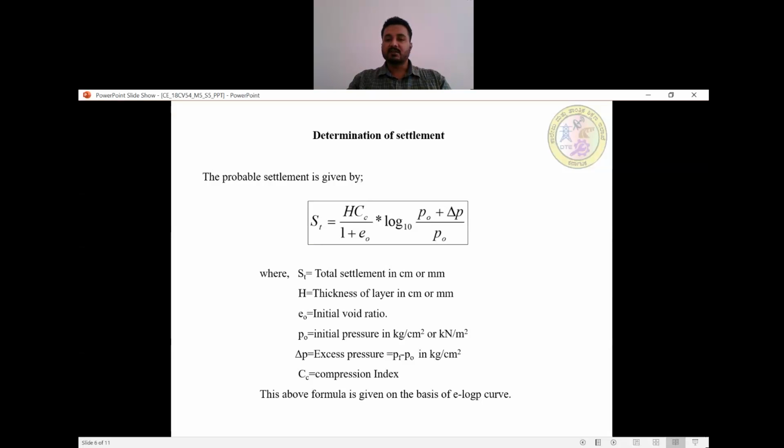H represents the thickness of the layer in centimeter or millimeter. e naught is the initial void ratio. P naught is the initial pressure, which is measured in kg per centimeter square or kilonewton per meter square. Delta P represents the excess pressure, which is nothing but the final pressure minus the initial pressure. It is also expressed in kg per centimeter square, whereas Cc is the compression index.